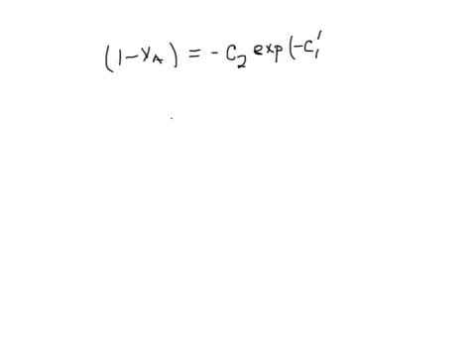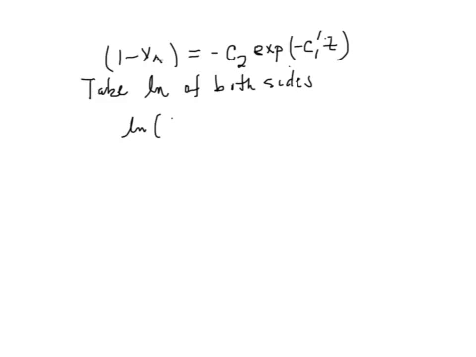Now this is minus C1 prime Z. So take the natural log of both sides, and we get the log of 1 minus XA is equal to, and we'll replace the log of C2 with a new constant, just call it C2 prime, and then the log of the exponential gives us the argument of the exponential back, so that's minus C1 prime Z.